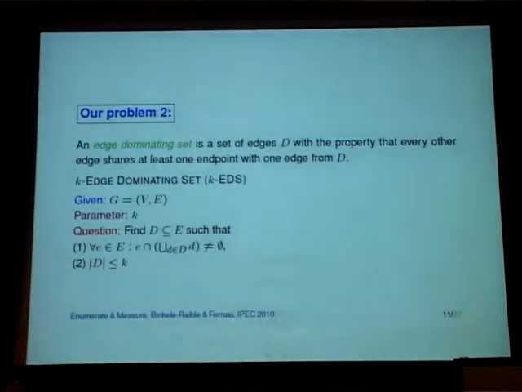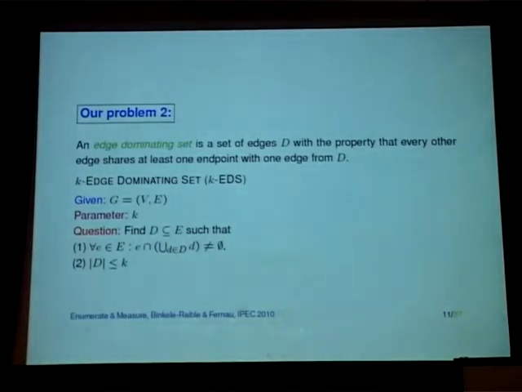Edge dominating set. Actually, this has kind of an IPEC history, which I will show later, so it's quite fitting to present it here. We are now asking for a set of edges that dominates all others and is of course bounded by k.